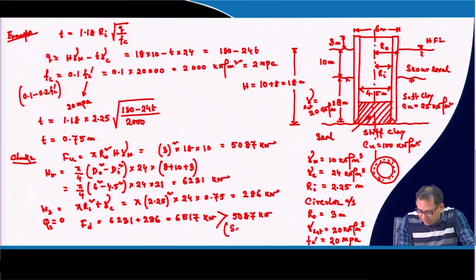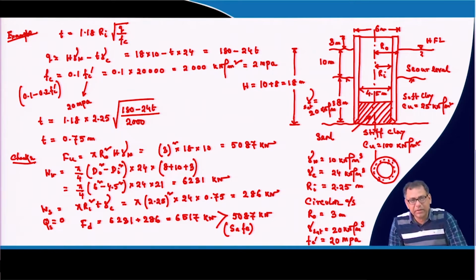So, it is safe. Even without considering the skin friction, it is safe. If we consider the skin friction, then definitely it will be over safe. Right now this is safe against buoyancy. Let us see whether it is safe against the shear or not.